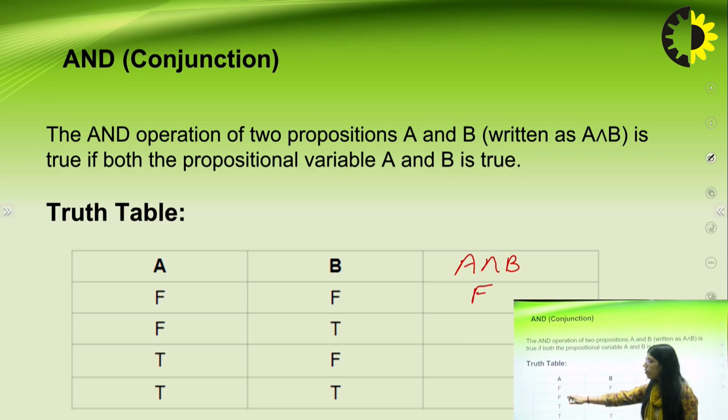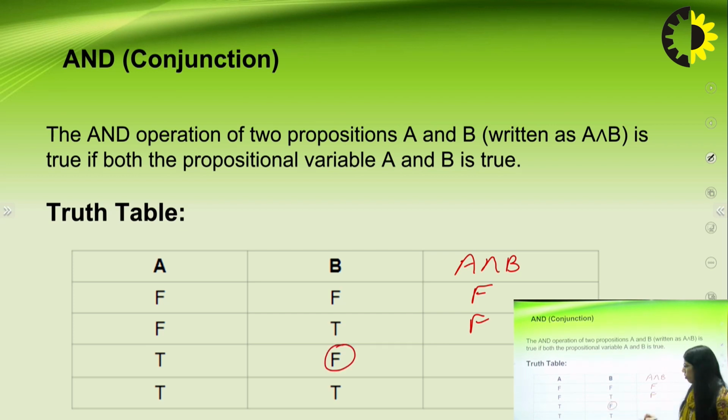Here we have one of the values as false. So of course, this will also result in false. Third one is, again, the value of B is false. So this case also results in false. The last case is when both of the propositions are true. In this particular case, the AND operation value is true.